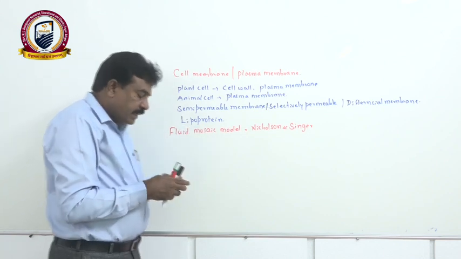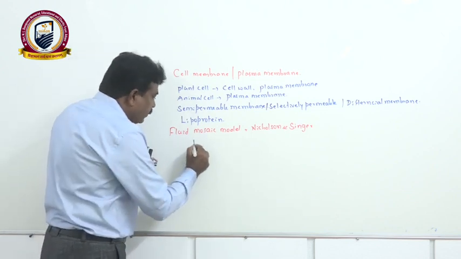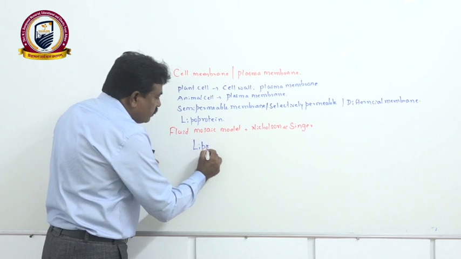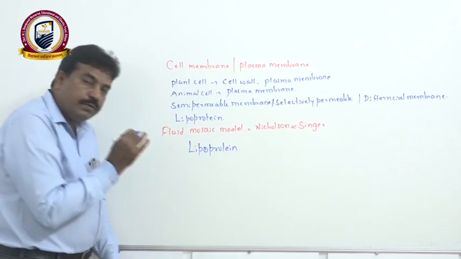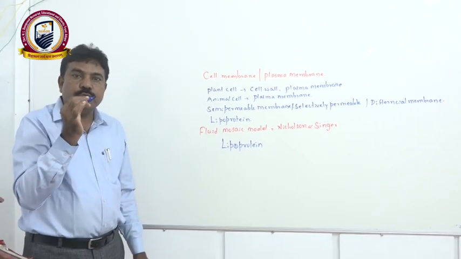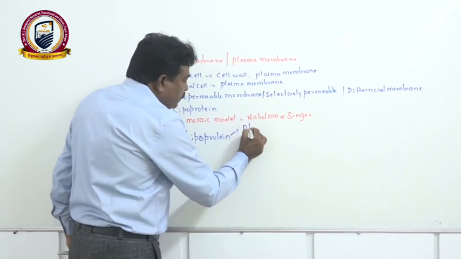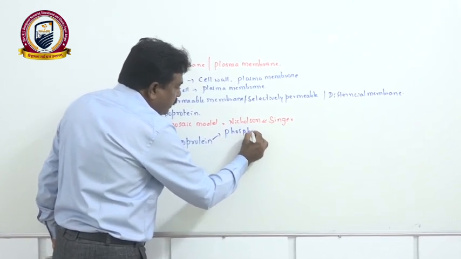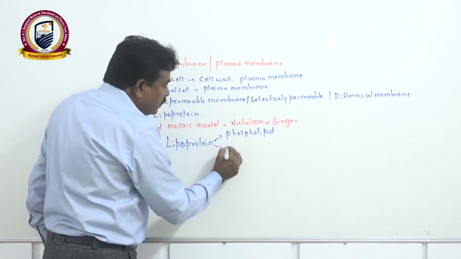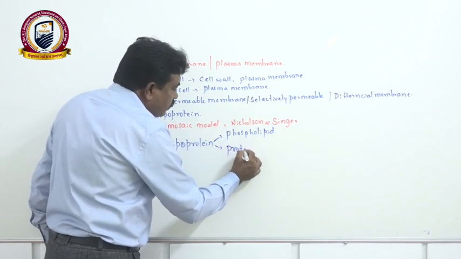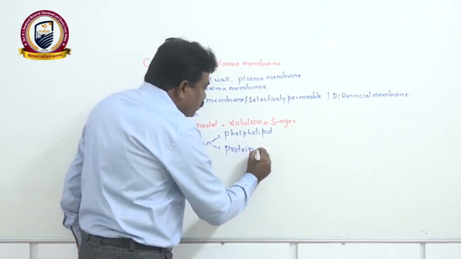Then, if you take the chemical composition, as we mentioned, it is made up of lipid and protein. Therefore we call it a lipoprotein layer. The lipid present in the plasma membrane is always phospholipid. Whereas the proteins present in the cell membrane are mainly of two types.